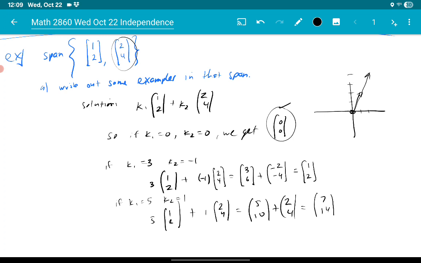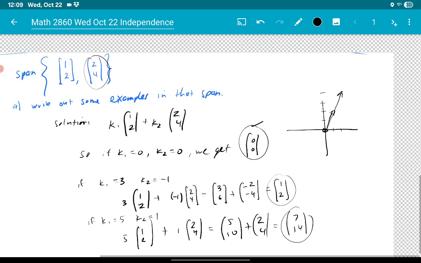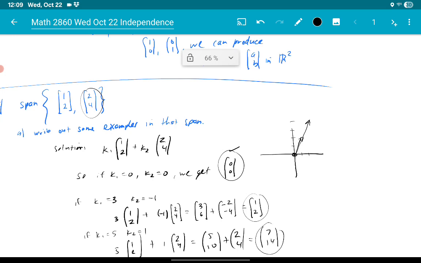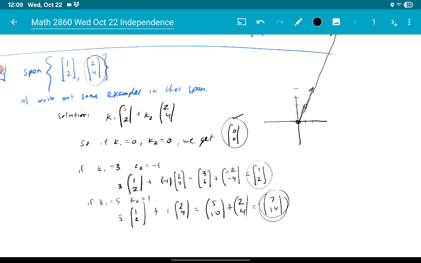And if I start drawing these other ones, I already drew (1, 2), but (7, 14). Maybe I should have chosen some smaller scalars, but (7, 14) would basically be 7 to the right and 14 up. It would be on that same line, it would be parallel. Notice that (7, 14) is parallel to (1, 2). It's 7 times (1, 2). And if I use some negative scalars, like k1 is -1 and k2 is -2, something like that, I'll get a vector that points down and to the left, but they'll be on that line.